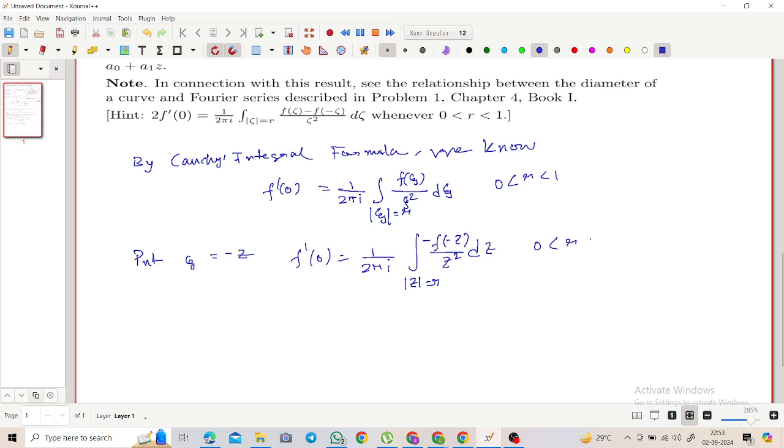Right? See, z is just a running variable, so we can just replace the variable. Okay.